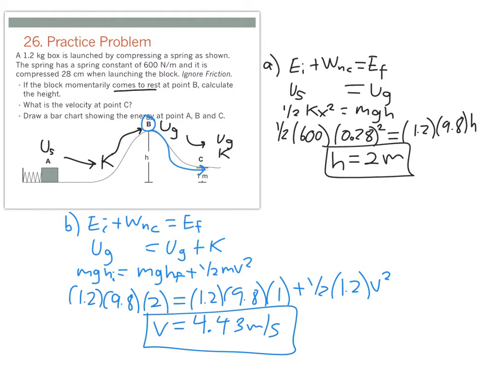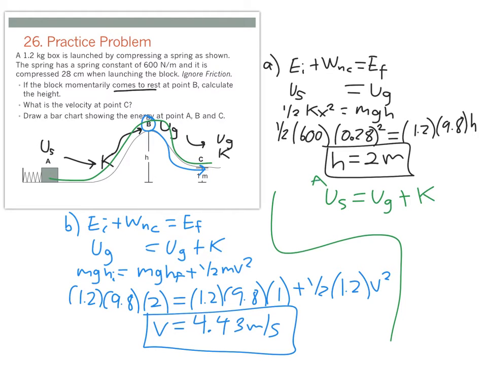I also could have set this up considering the period from A all the way to C. And so for that, I would have said that I start with spring potential energy, and that just becomes gravitational potential and kinetic.